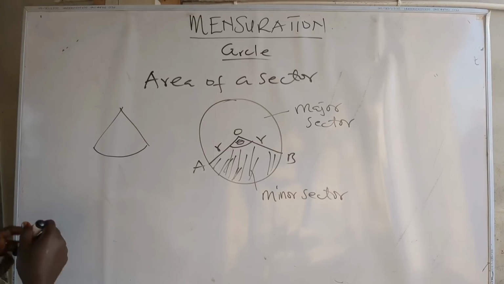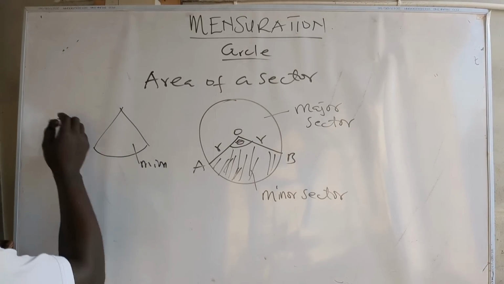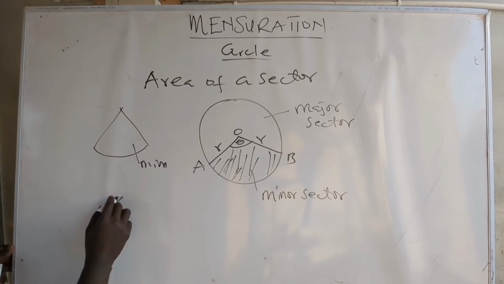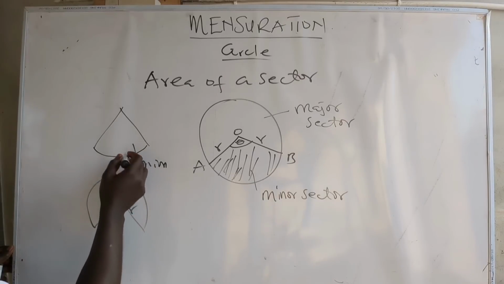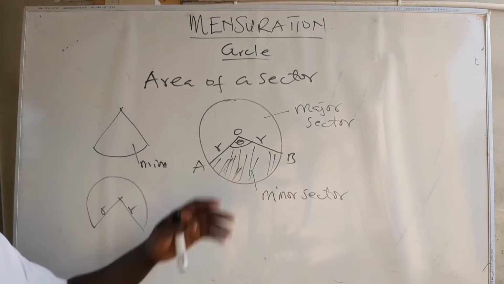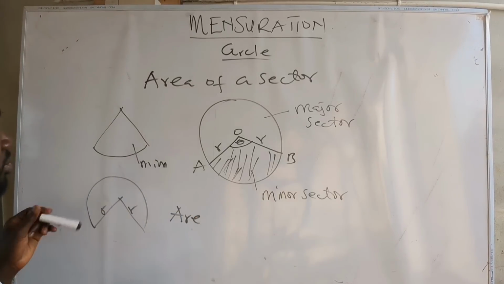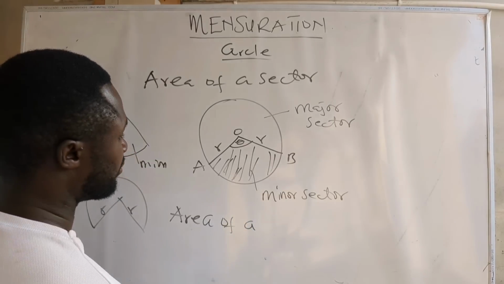So the minor one is like this, and then the major one is something like this, looking from the diagram there. So how do we find the area of a sector?